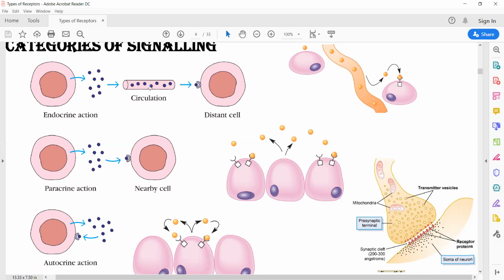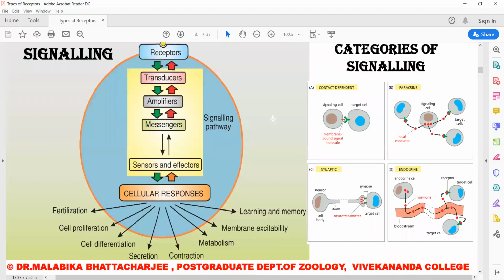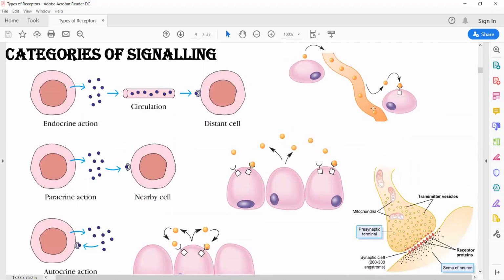So the hormones, once released into the circulation, reach their target cell, which is placed quite distant in the body, and these target cells then accept this stimulus or the hormone molecules via their receptors and are thus activated. So this is the other picture for it.